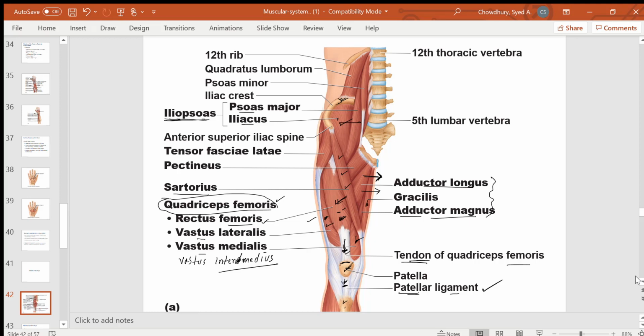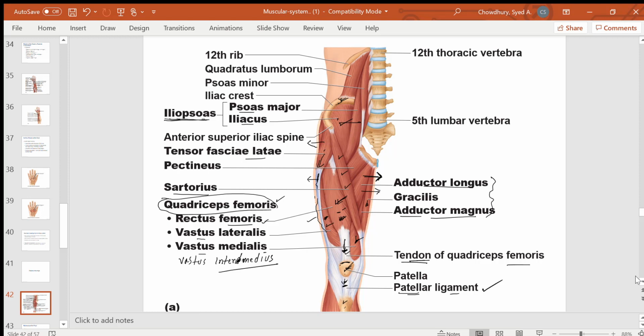There is another muscle in the lateral side that is called the tensor fascia latae, and the lower end of tensor fascia latae gets attached to this white structure that is called iliotibial tract. Okay, and iliotibial tract sometimes can cause pain, that is called runner's leg.